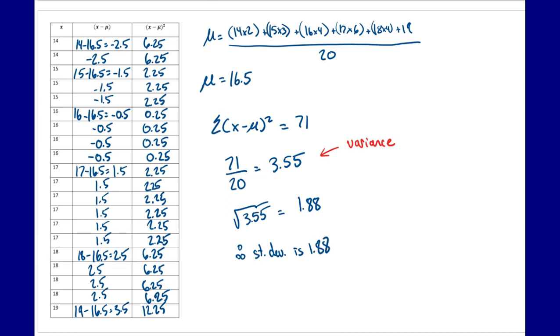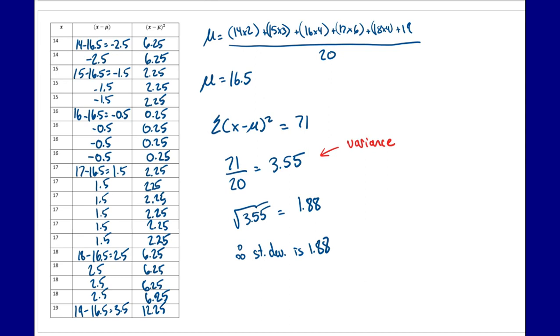That means on average, each data point, or each datum, is plus or minus 1.88 units away from the mean. So on average, that's how far each point is away. And again, this is relatively smaller now compared to the last one, so we can see that the data is mostly close together.